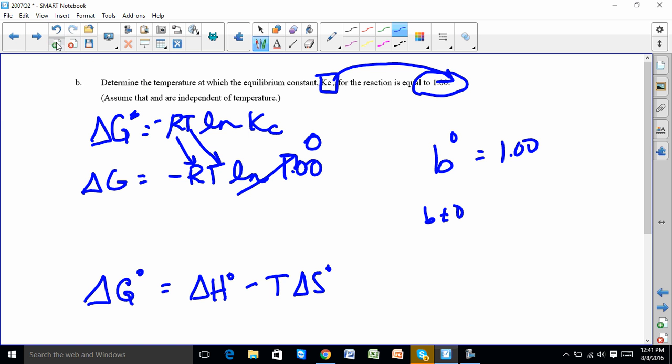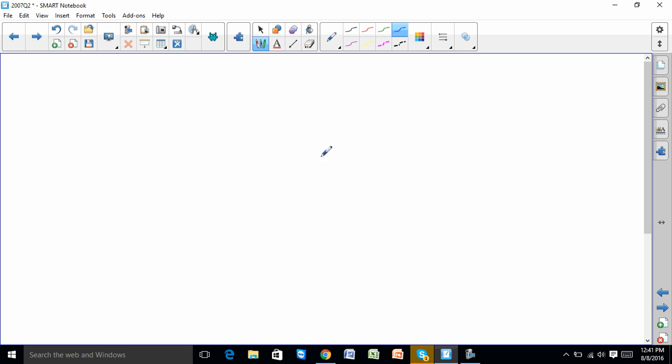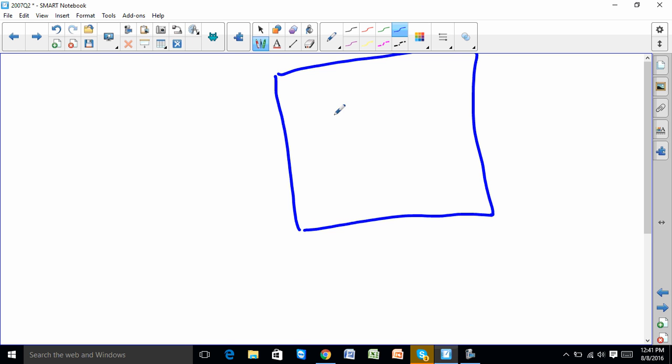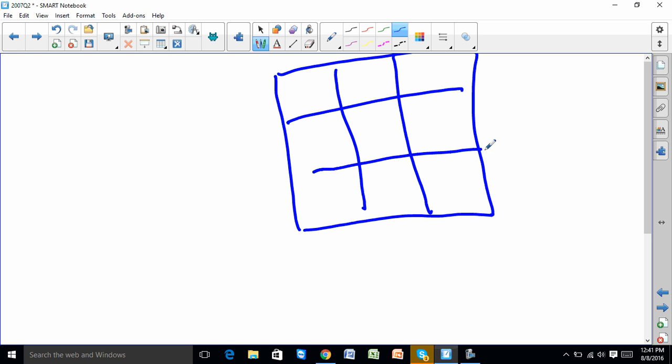You don't have to do this, but we talked about this a lot in thermal. So here's my box. I make a tic-tac-toe board. We have delta H, sorry, you should put H on top.